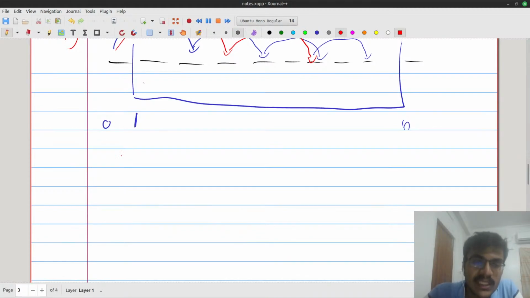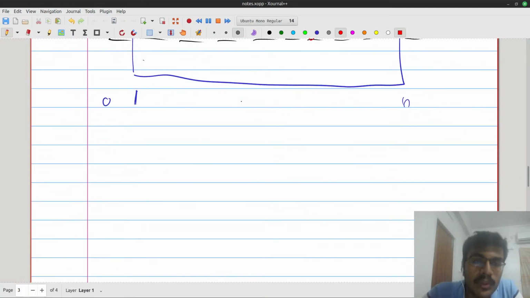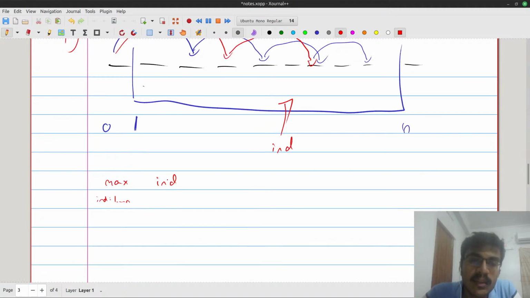So let's rephrase the problem. Let's say my correct answer was at some index ind. I essentially want to find the maximum over ind from 1 up to n, such that ind is divisible by a_i.